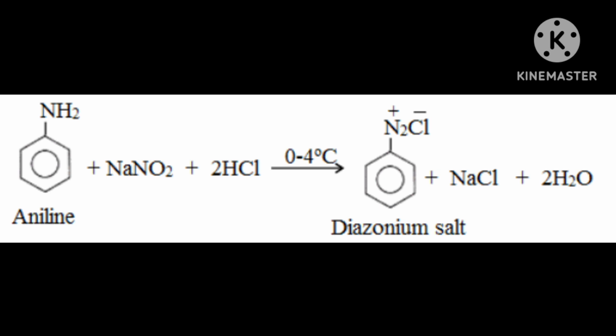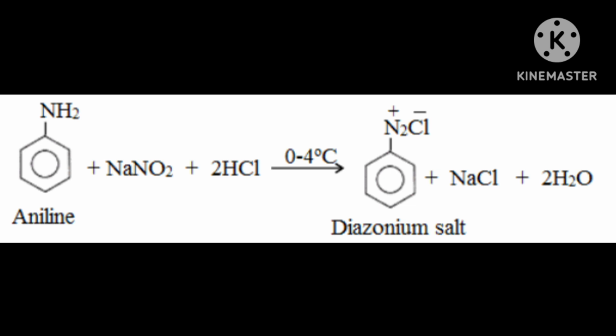That's why I'm telling you this is the reason for stability. The stability of the arene diazonium ion can be explained on the basis of resonance, because everywhere the positive charge is dispersed. One N is positive, the other N is negative, both are double bonded. Correct?